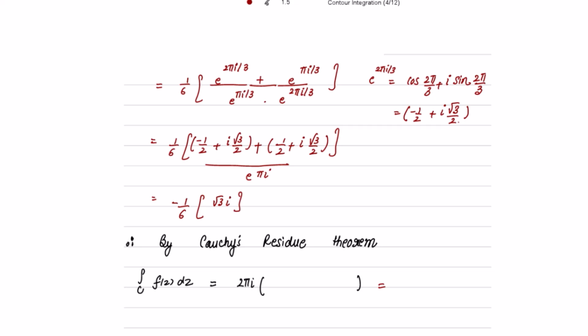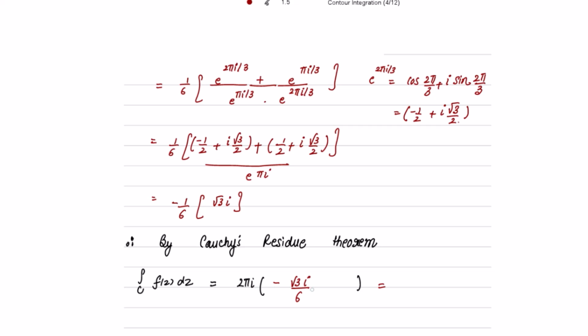Right? Now I am going to use Cauchy's residue theorem, which is the integral over the complete contour C of f(z) dz equal to 2πi times the sum of the residues. And the sum of the residues we have calculated as negative root 3 i over 6.